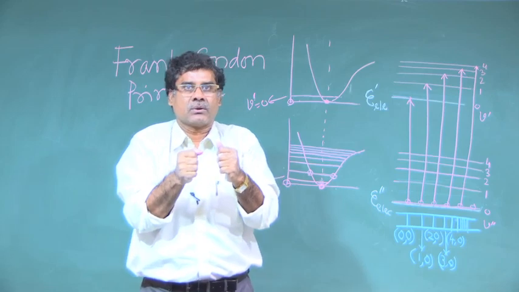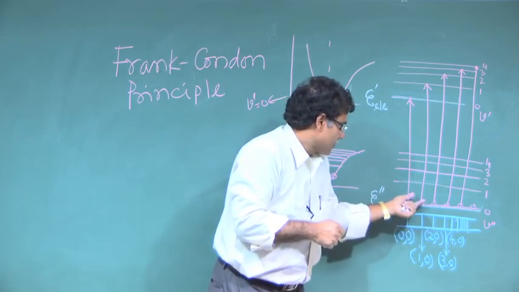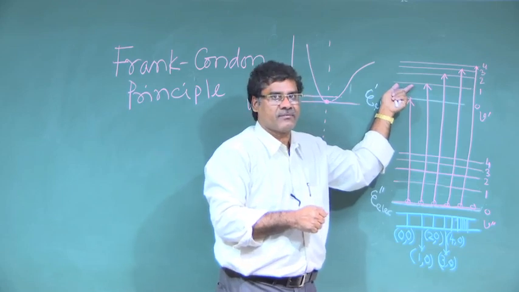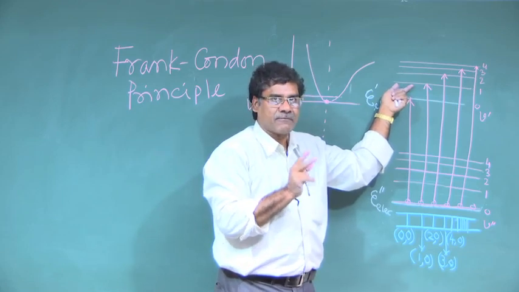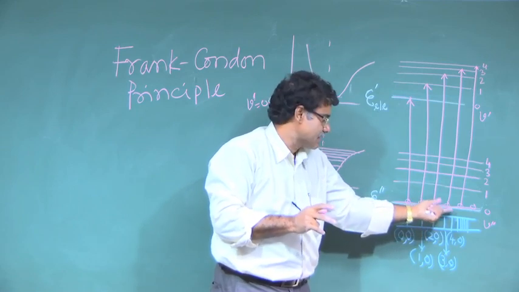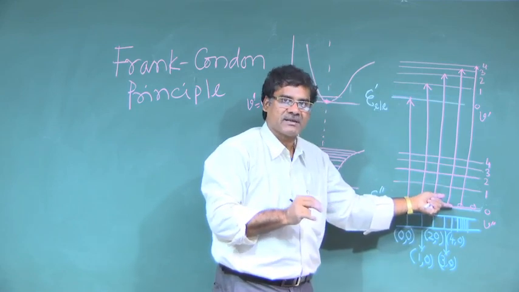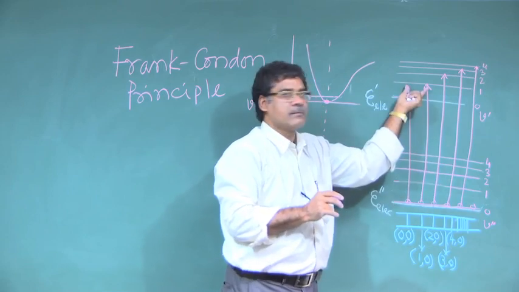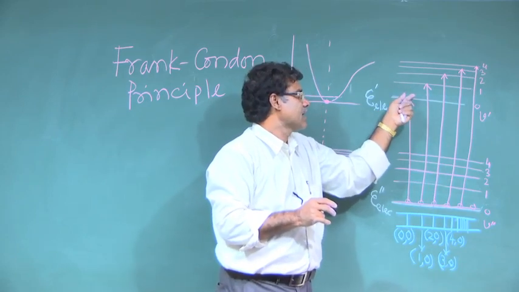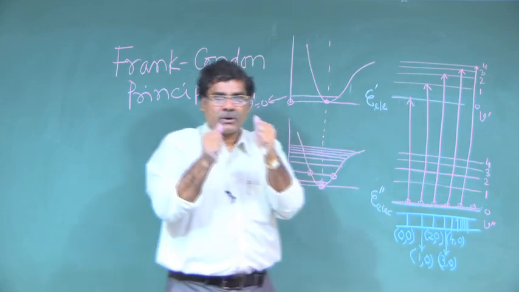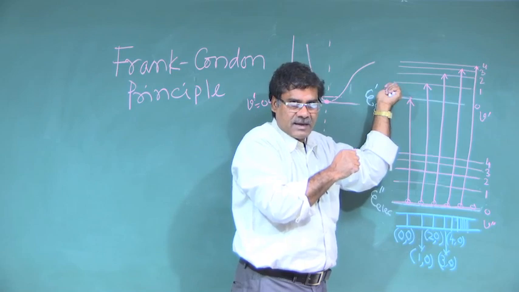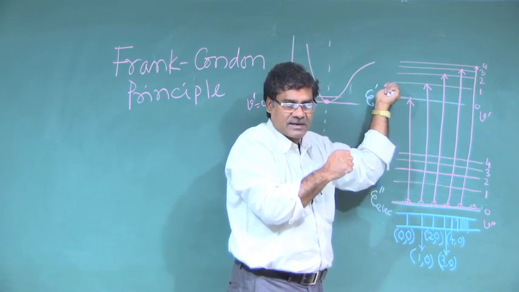Okay. So, transition from this electronic state to another electronic state. In the case of absorption spectra, it is fine, all the molecules are in the lowest vibrational state. Now after the transition, it can go to a vibrational state of this excited electronic state.